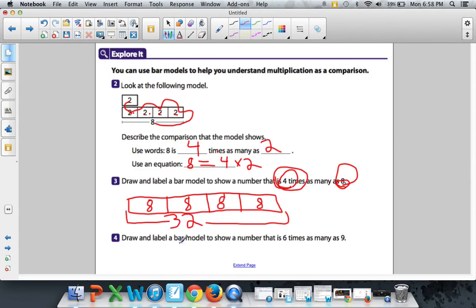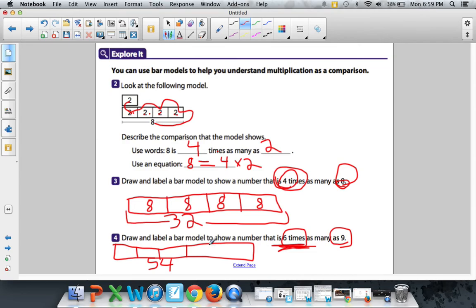Draw and label a bar model to show a number that is 6 times as many as 9. So same thing. First do the multiplication. What's 6 times 9? That's 54. Then I'm going to draw a big long rectangle. Kind of sloppy, sorry. And I'm going to split it into how many boxes? 6. So 1, 2, 3.